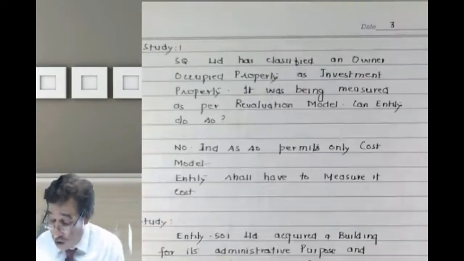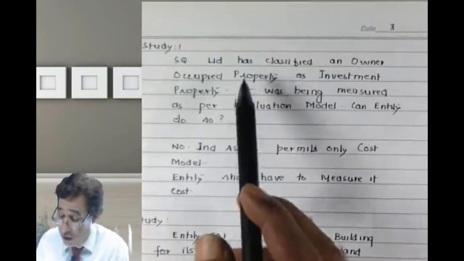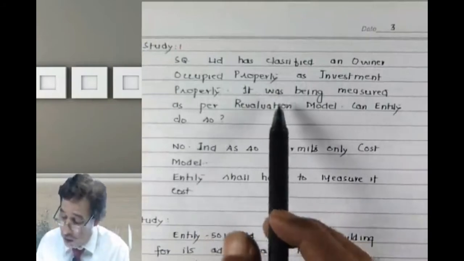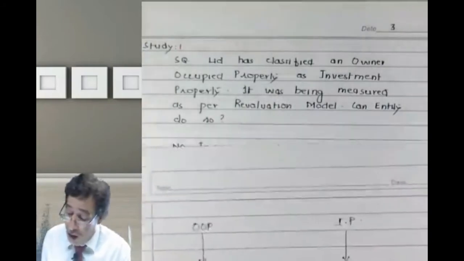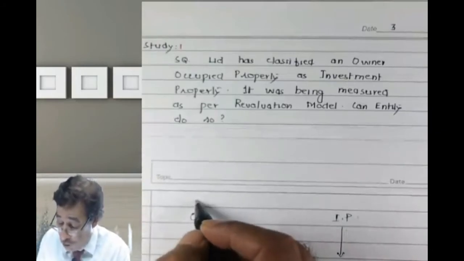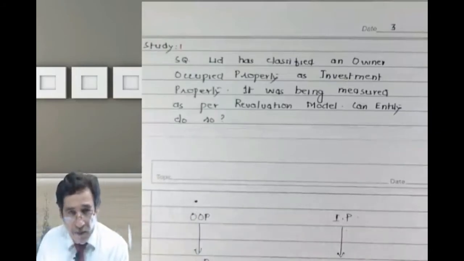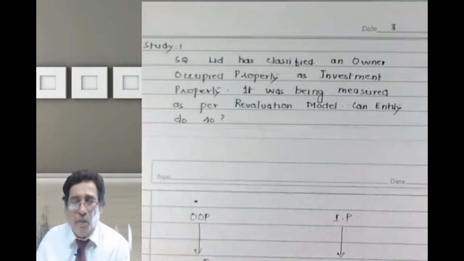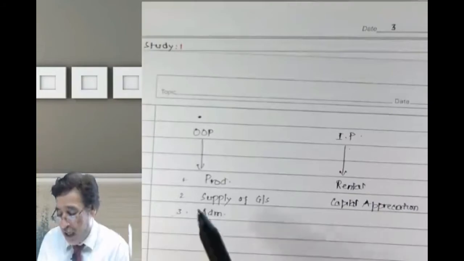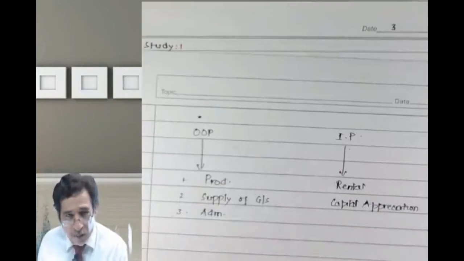Now in this question, what is happening? SQ Limited has classified an owner-occupied property as investment property. That means SQ Limited was having a property. Earlier it was owner-occupied because SQ Limited might be using this property for any of these purposes. That is why they had classified this property as owner-occupied property.